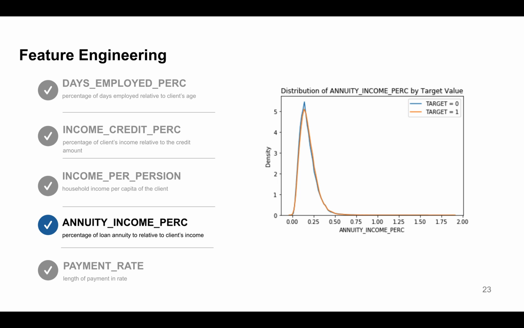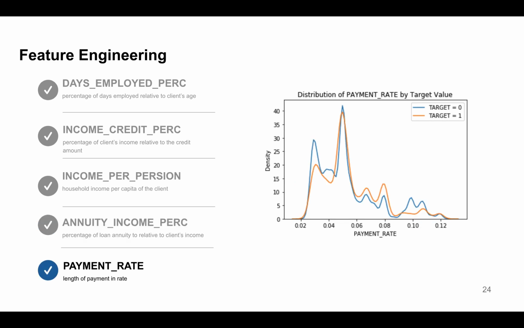The percentage of loan annuity relative to the client's income is distributed evenly over the target, and those who pay the loan on time tend to have a lower percentage. As for the length of payment rate, it shows complexity in the kernel density estimation. We are going to examine these features in the implementation.